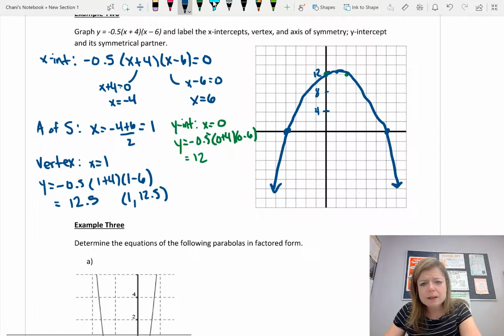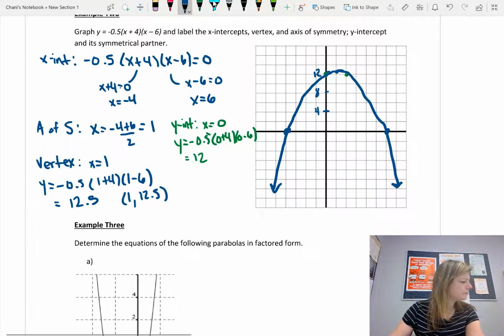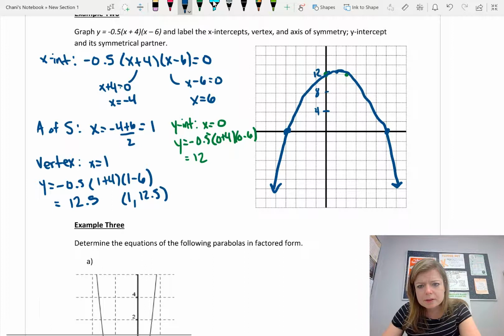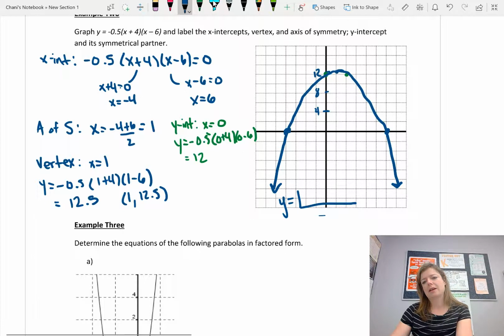So wait, 1, 2, 3, 4, 5. Okay, 1, 2, 3. You probably think I'm crazy. I'm just making sure this was symmetrical because it didn't look quite right, but it is. Okay, sometimes I need to check. Okay, and then you label it with the equation.